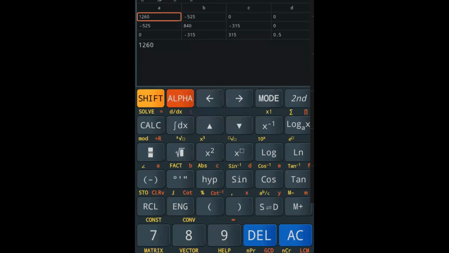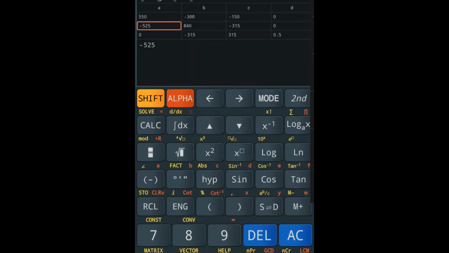I'll put the values: 550, minus 300, minus 150, right? 500, minus 300, minus 150, and then 0.